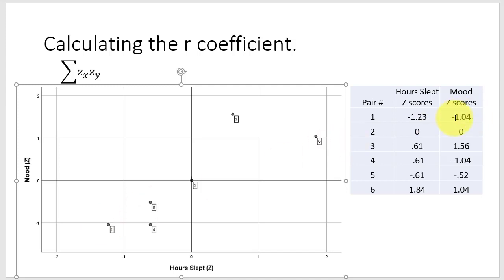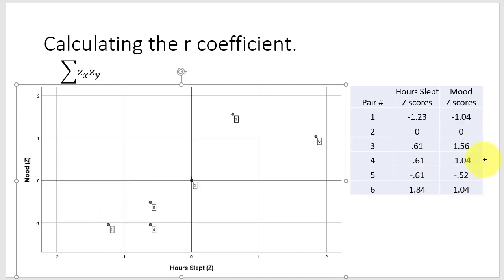And the mood for that person is negative 1.04, meaning that that person's mood is 1.04 standard deviations below the mean on our y-axis.